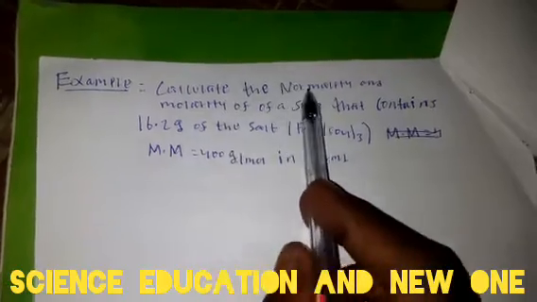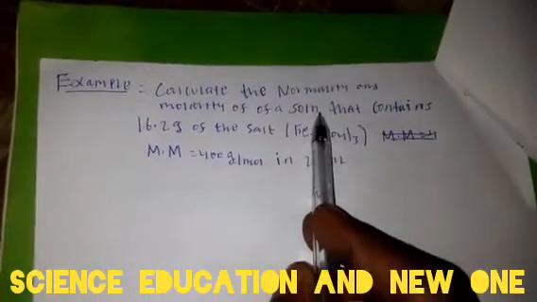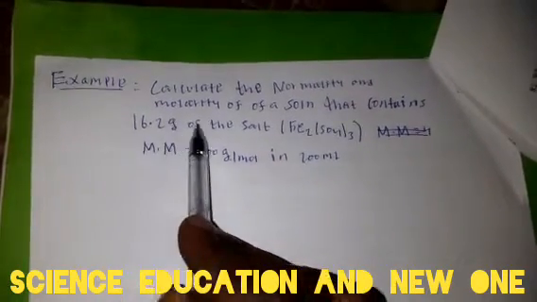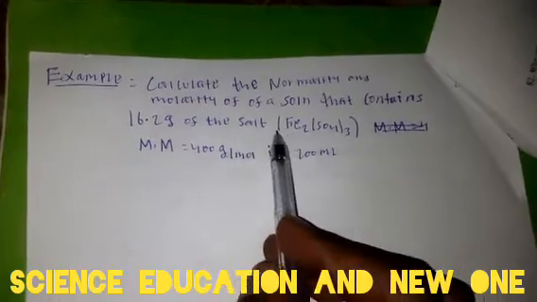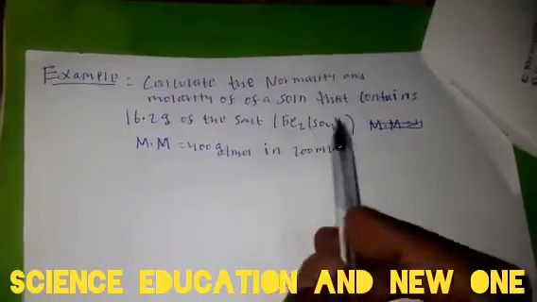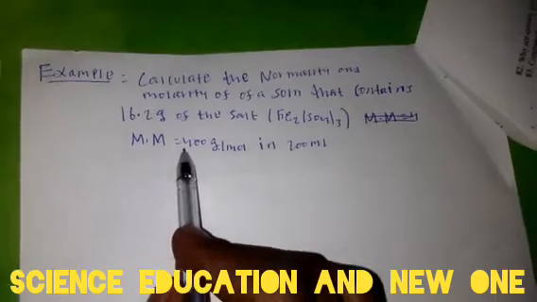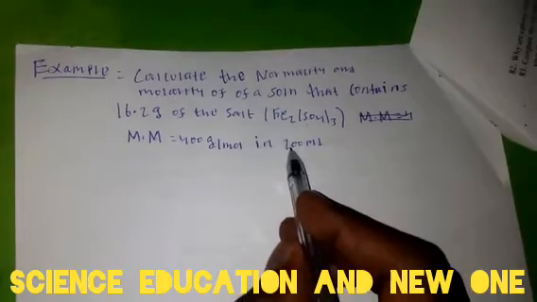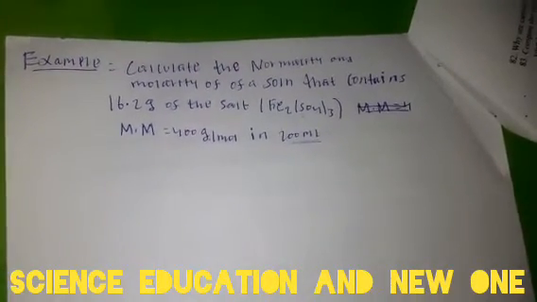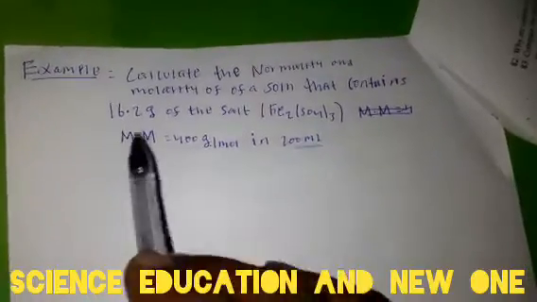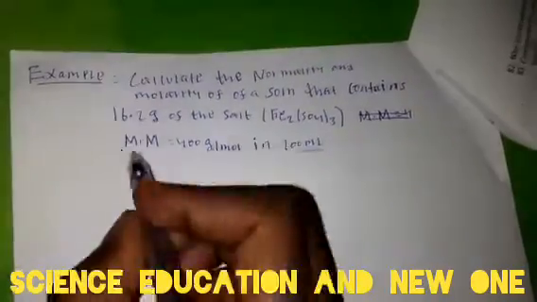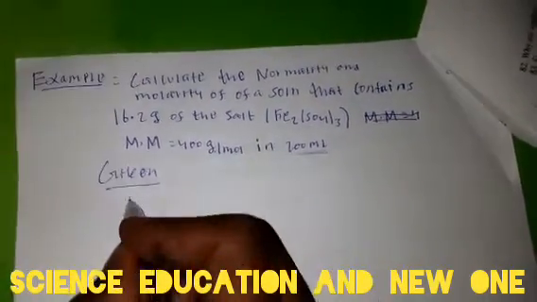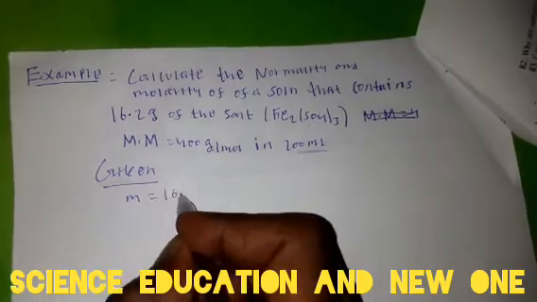Calculate the normality and the molarity of the solution that contains 16.2 gram of the salt, iron sulfate, molar mass is equals to 400 gram per mole in 200 milliliter. From this question we have the given. Mass is equals to 16.2 gram.